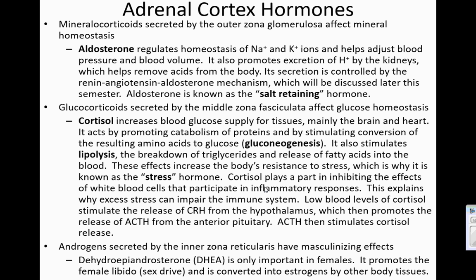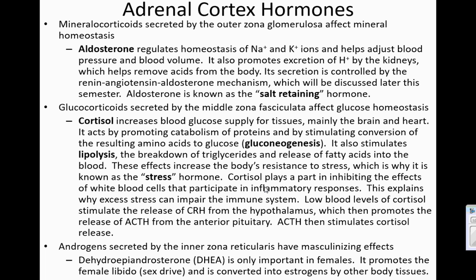or chemical makeup. Let's talk first about the mineralocorticoids, which come from the zona glomerulosa, and they affect the homeostasis of our minerals. Specifically, we're talking about our ions. The major or principal mineralocorticoid is aldosterone, which has a fun nickname, the salt-retaining hormone, because that's what it does.